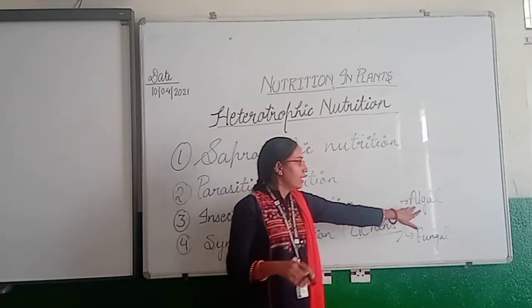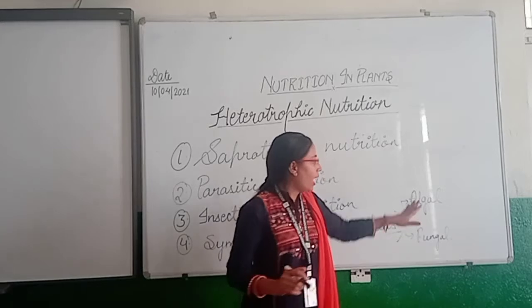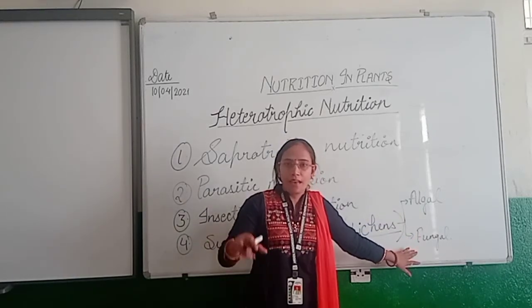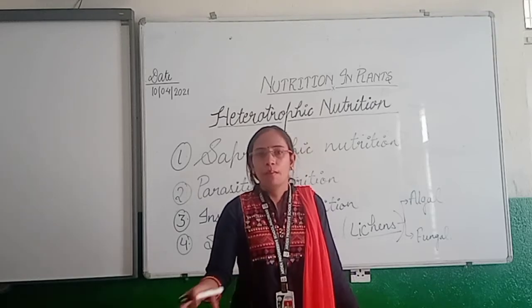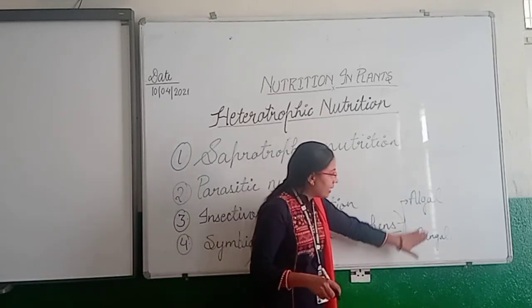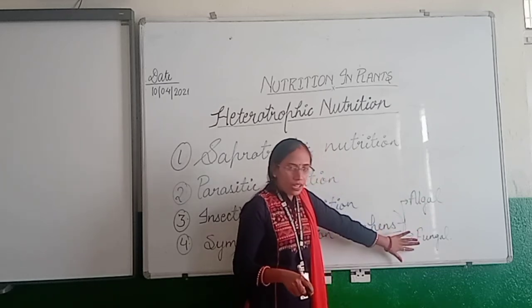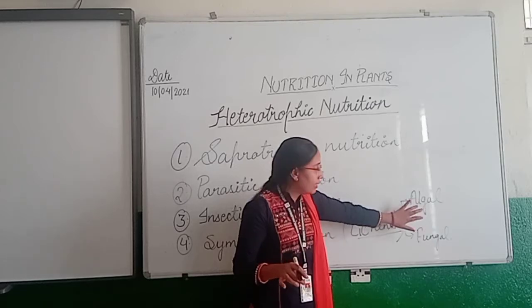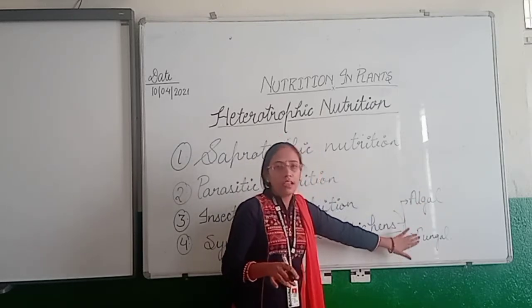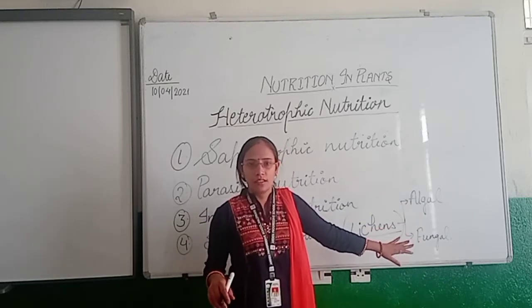In this the algal component is green and photosynthetic. Algae prepare the food, and fungi absorb nutrition, minerals and water from the soil. They give these to the algae, and the fungal component gives shelter for living to the algae. So they both are mutually benefited.